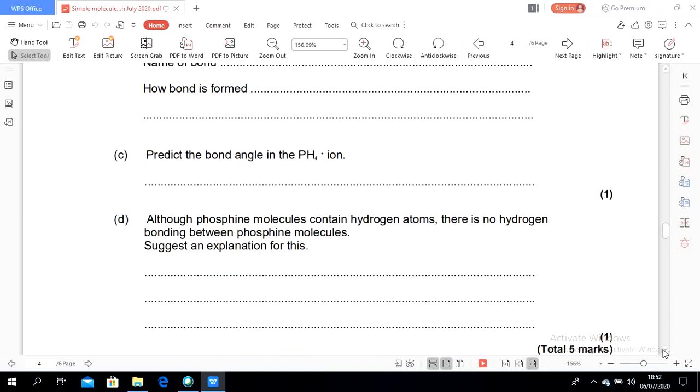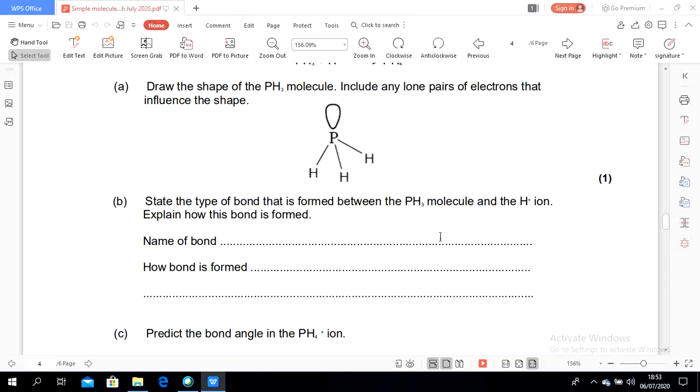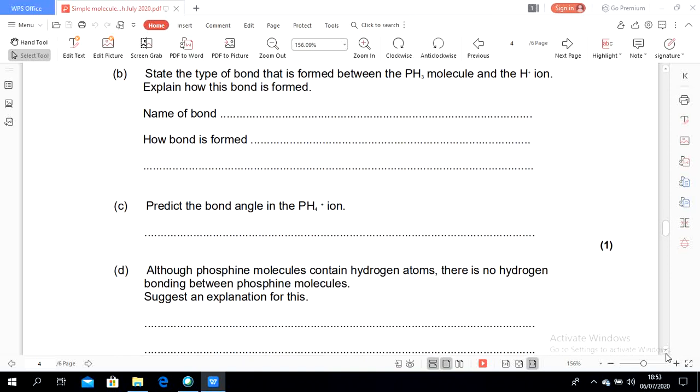Now predict the angle of the PH4 positive ion. It is like an ammonium ion because nitrogen and phosphorus come from the same group.